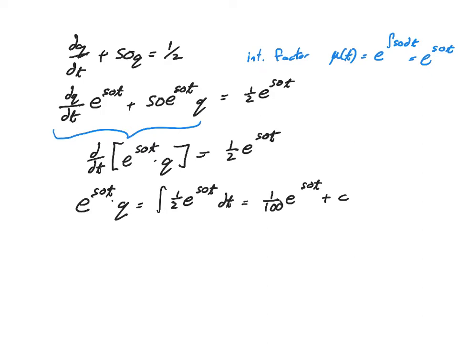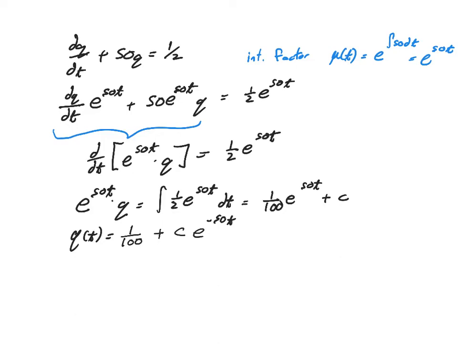Then I simply divide everything through by e^(50t). So that means that q of t is going to be equal to 1/100 plus c times e^(-50t).